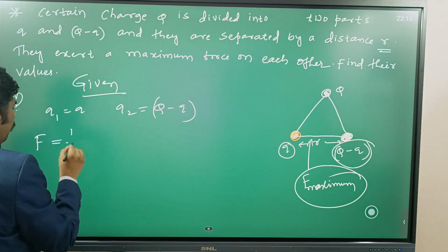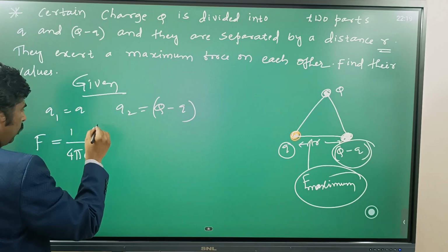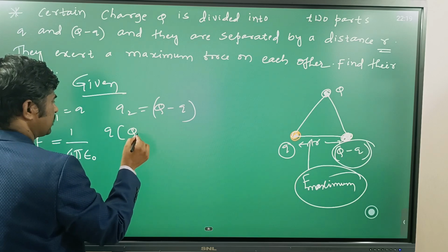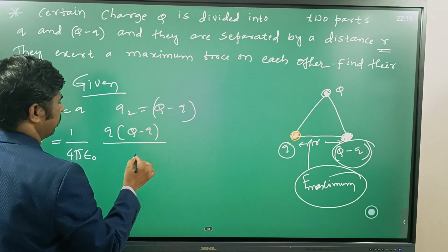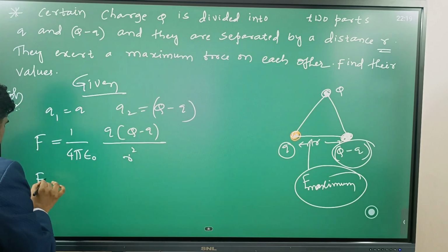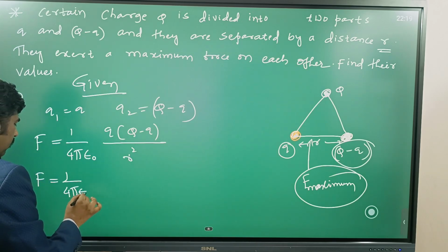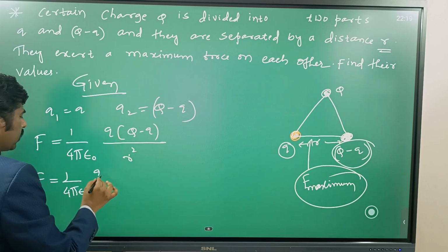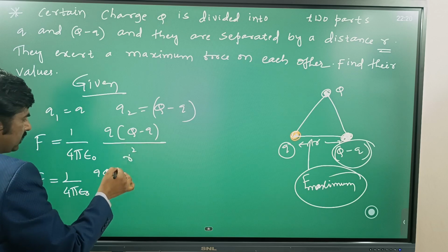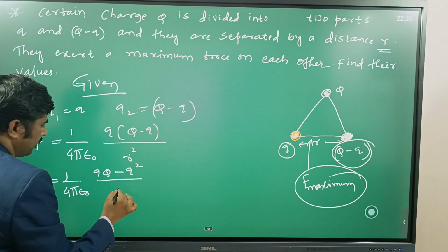F is equal to 1 divided by 4 pi epsilon naught, q1 q2, where q1 value is q and q2 value is Q minus q, divided by distance r square. Now multiply: F is equal to 1 divided by 4 pi epsilon naught, into Qq minus q square, divided by r square.